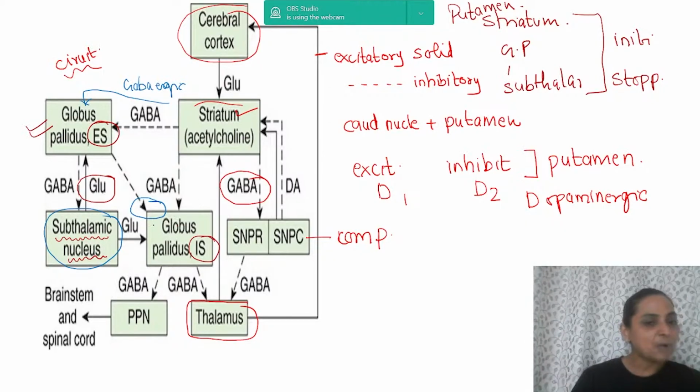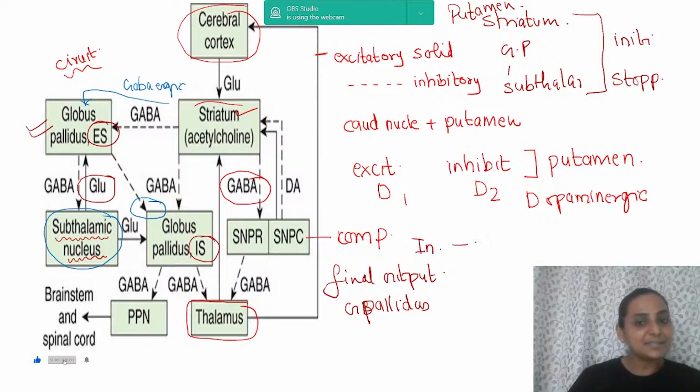The final output is given by the globus pallidus internal segment, basically to the thalamus.